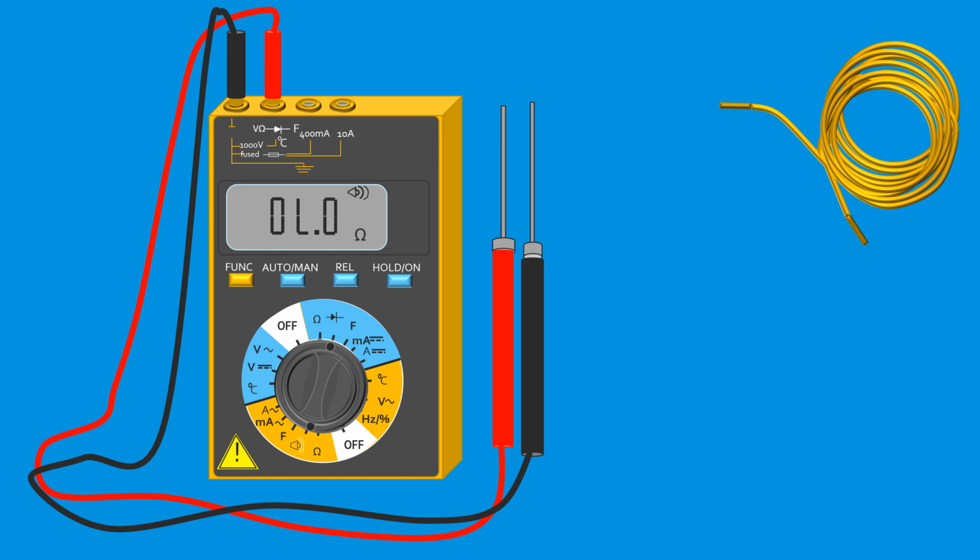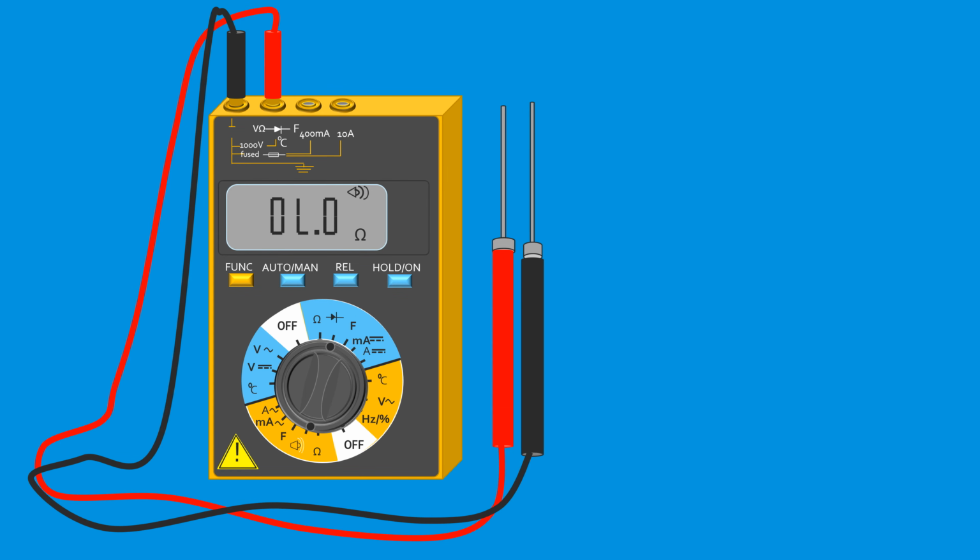Check diode. Make contact of the red lead with the cathode of the diode and the black lead with the anode. No current will flow. Overload will appear on the screen.